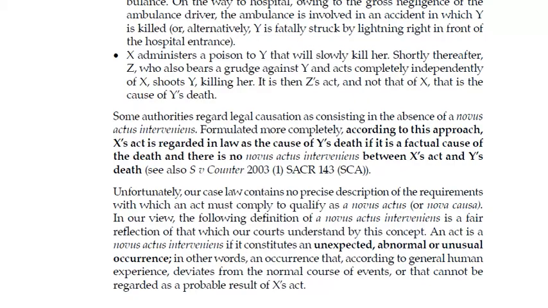In other words, an occurrence that, according to general human experience, deviates from the normal course of events or that cannot be regarded as a probable result of X's act.